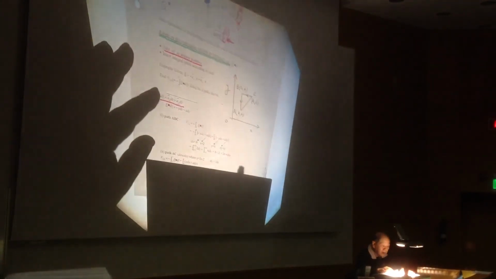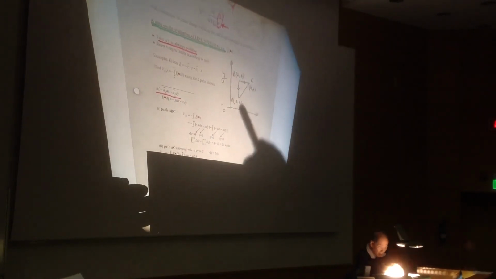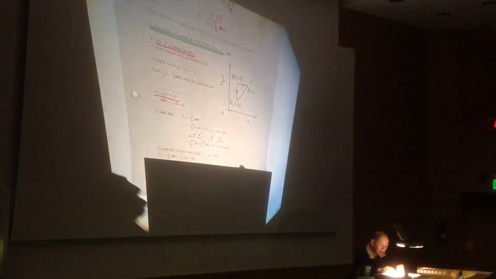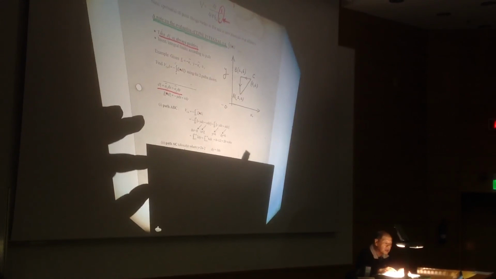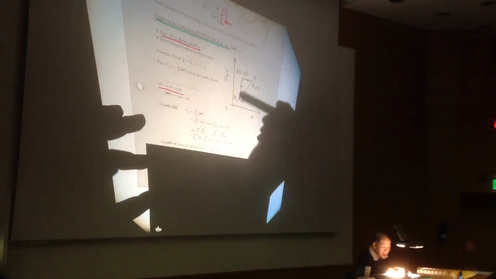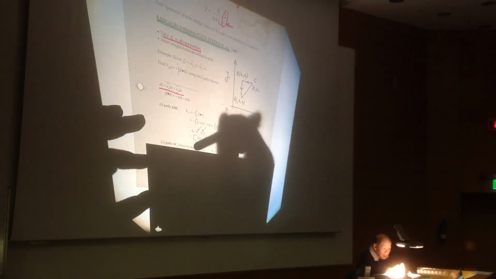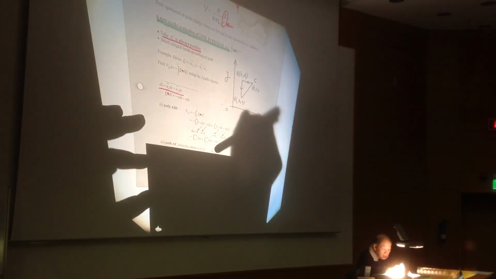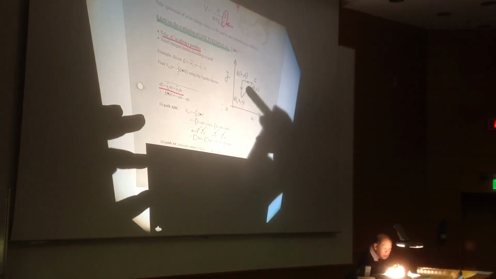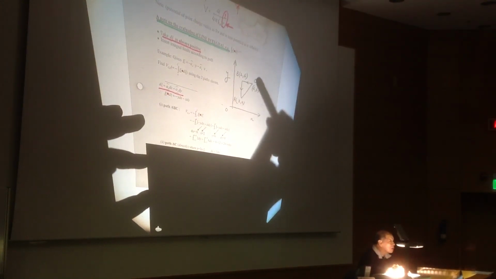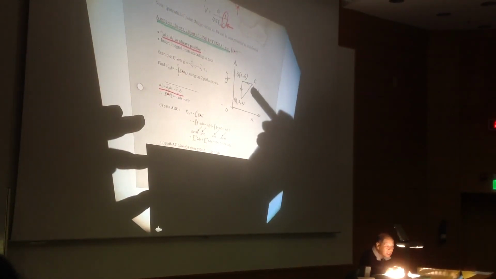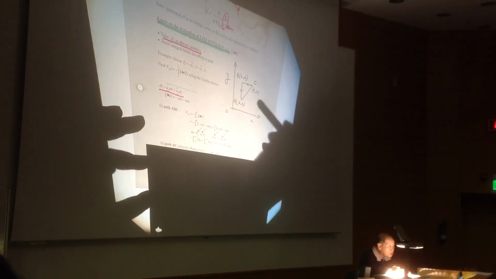Now I go directly from A to C along path AC. Now coordinate geometry: it is a line, y is equal to 2x minus 2, y is equal to mx plus c. Dy is equal to twice dx. I gave 2 points. You can remember coordinate geometry: y minus y2 over x minus x2 is y2 minus y1 over x2 minus x1.